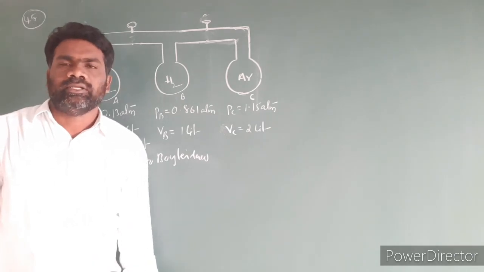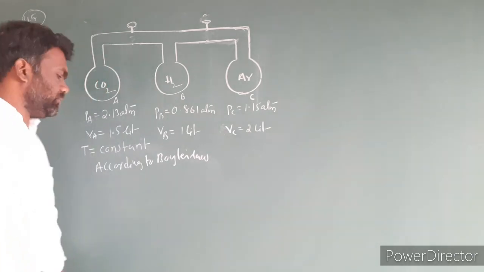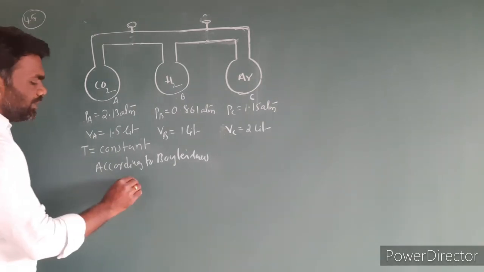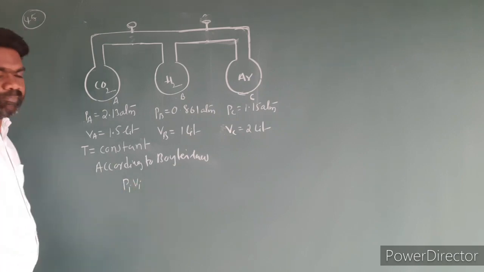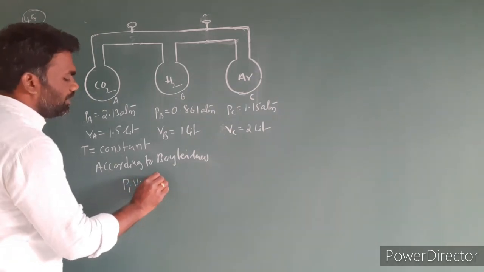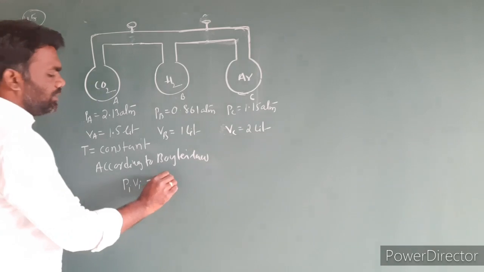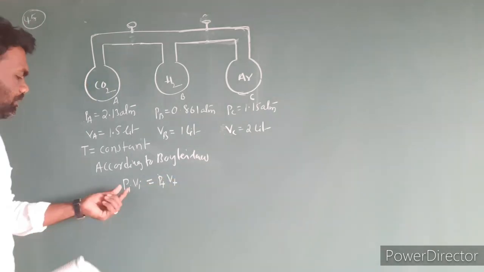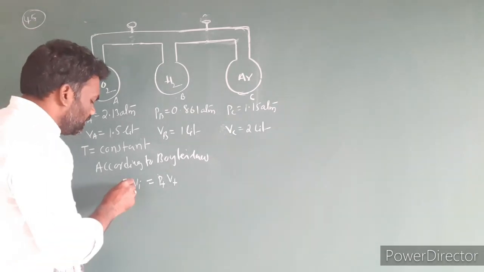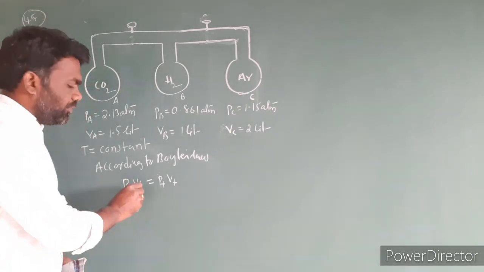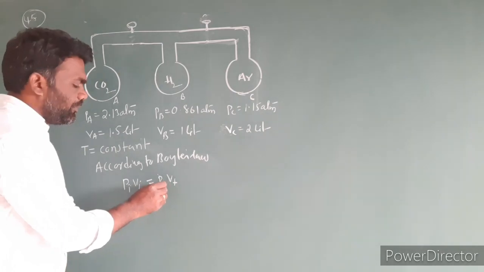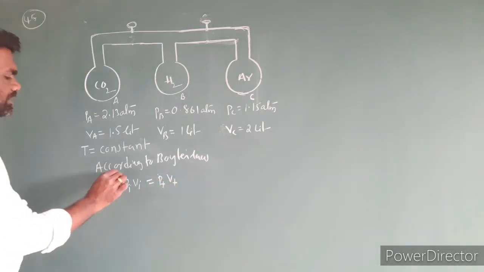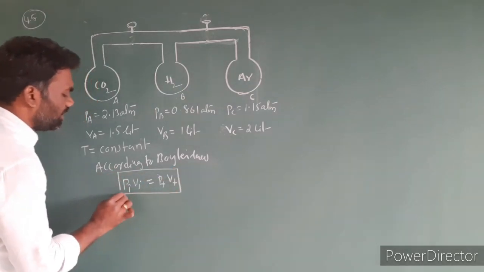In two different cases we can take P1 V1 is equal to P2 V2. Here I am taking P initial pressure and V initial volume is equal to P final pressure into V final volume. So this is the formula we can use.